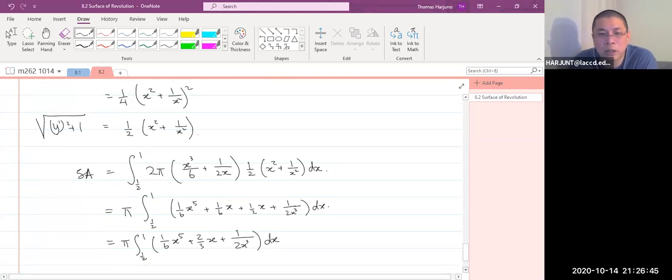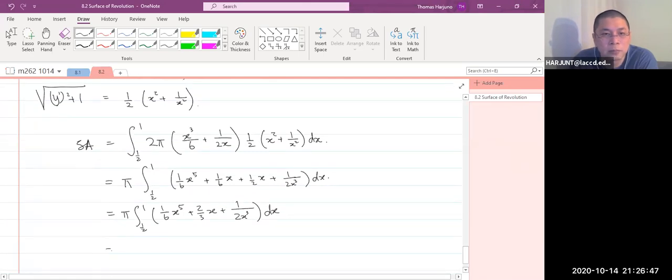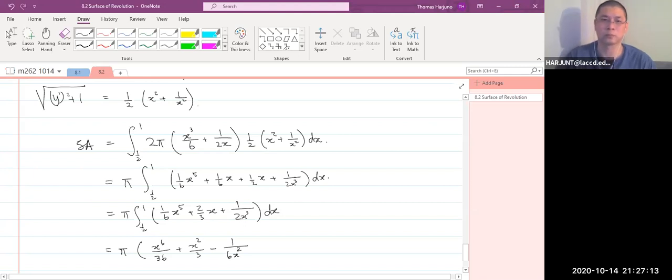Then integrate that. x to the 6 over 36 plus x squared over 3 minus 1 over 6x to the negative fourth, or 1/4.